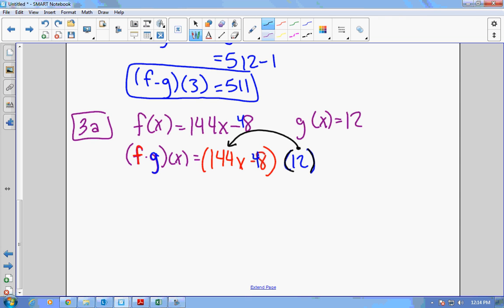This is a really large number that I don't know. 144 times 12. Laura, can you get that, please? Well, here's another calculator. Do it again. 144x times 12.